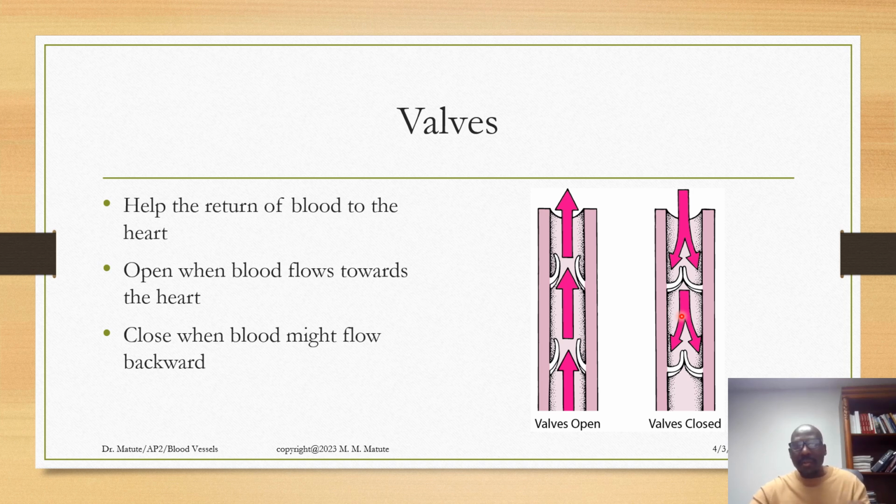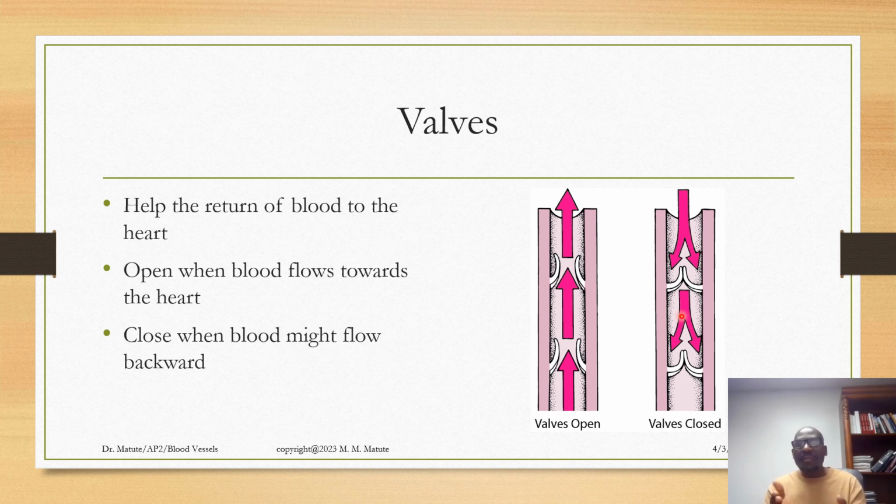Another way that blood flows upward in the veins is that blood vessels are normally embedded within skeletal muscles. When the skeletal muscles contract, they squeeze the blood vessel, and the blood moves upward.